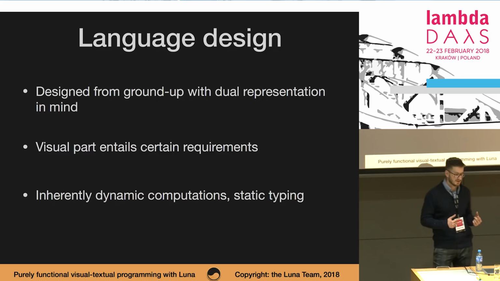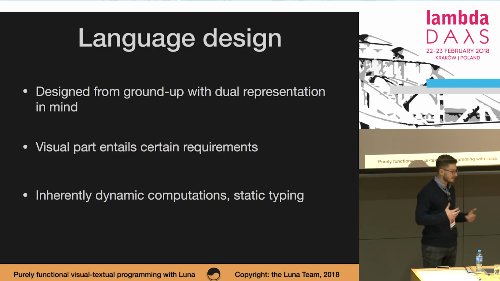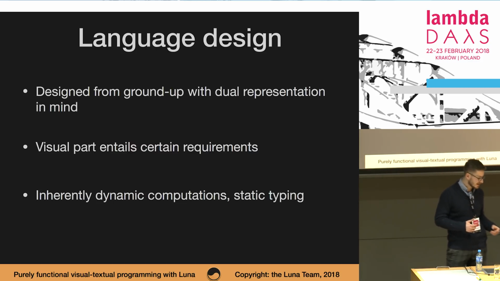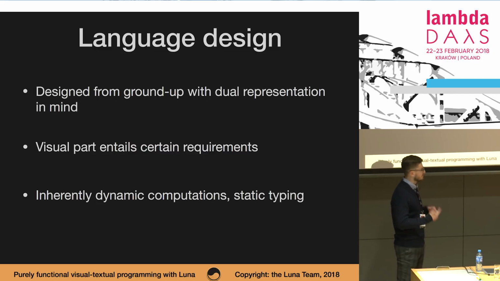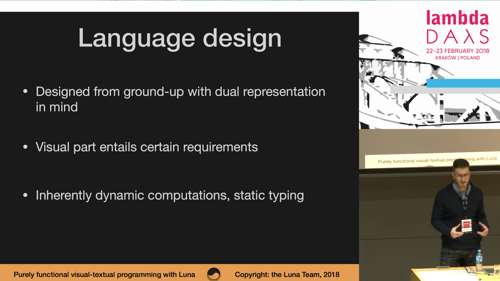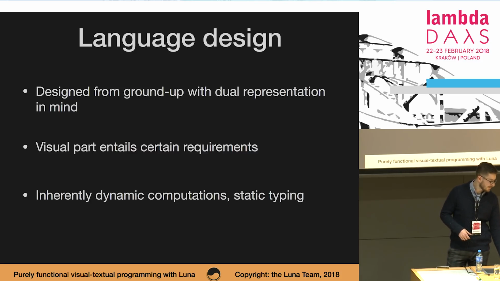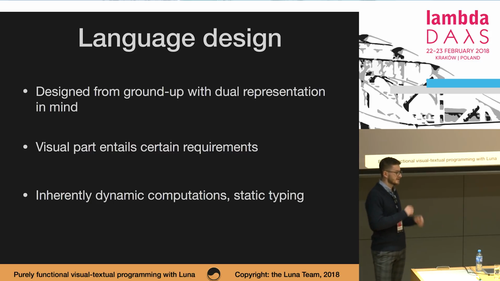So every feature we add needs to work well in text, but also we need to be able to visualize it nicely, and it needs to be intuitive to work with in the visual part of the system. And that means that we have certain requirements that when you're writing a purely textual language, you don't have. So this influences our textual design as well. So I often get asked, is Luna dynamic or is it compiled?